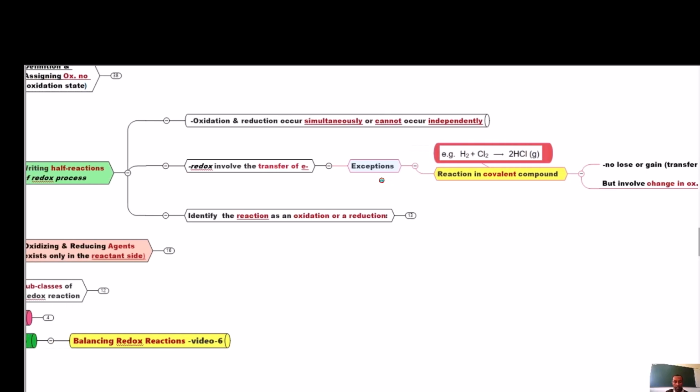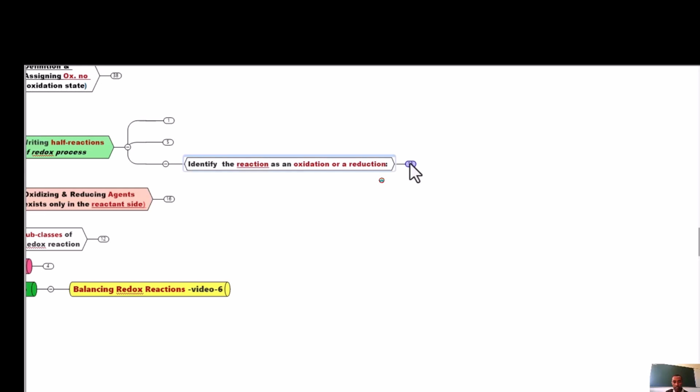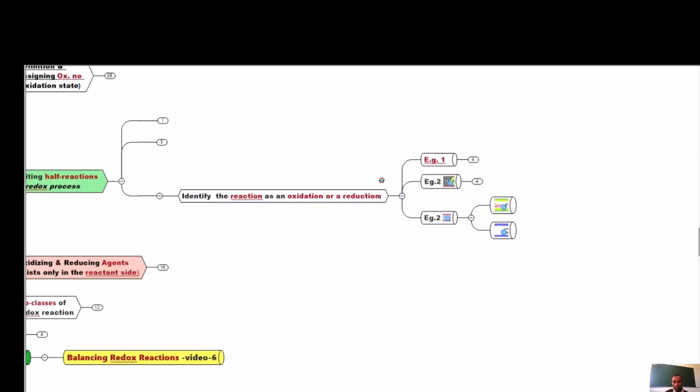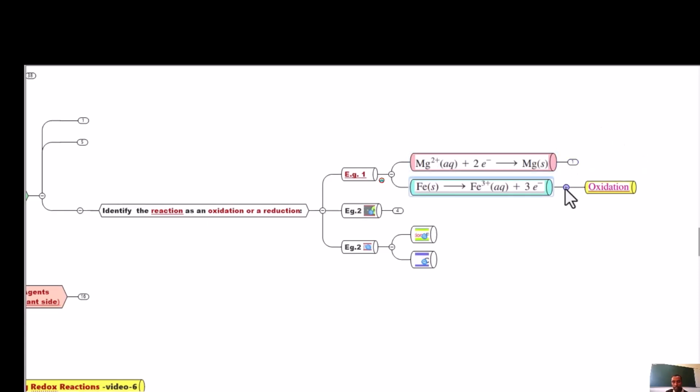Another thing is identifying the oxidation and reduction reaction. Identify the oxidation and reduction in this chemical reaction. Is this chemical reaction oxidation or reduction reaction? To identify whether this is oxidation or reduction reaction, observe the oxidation number of the reactants and the product.